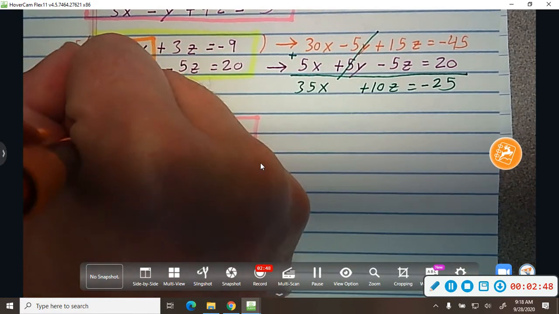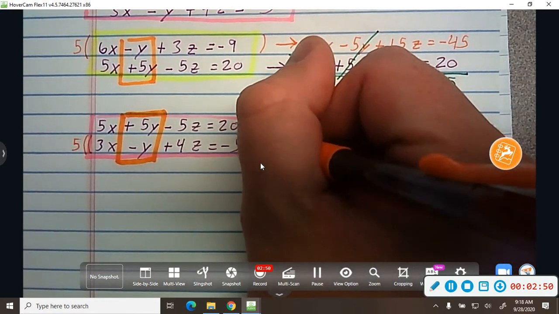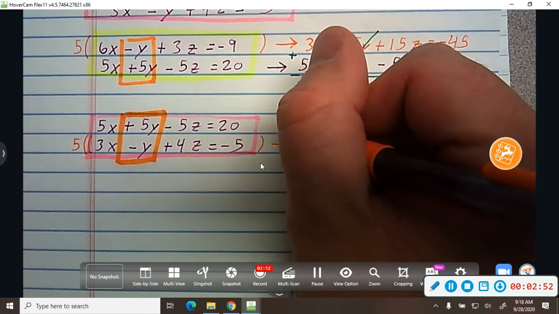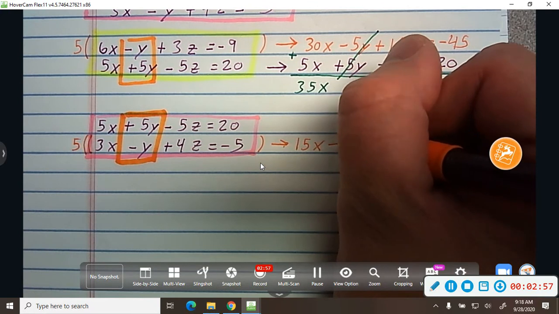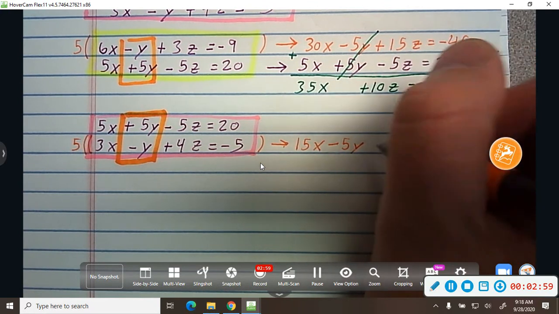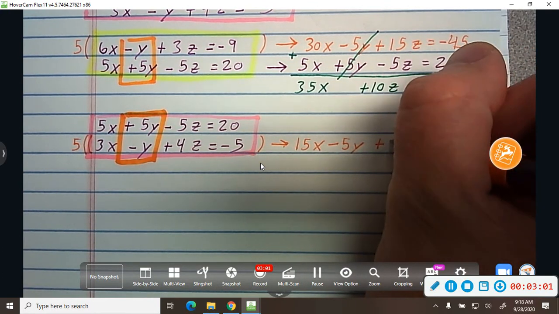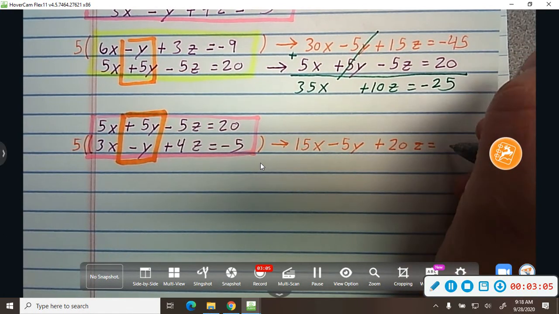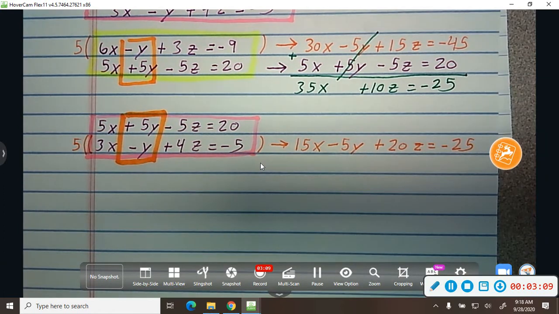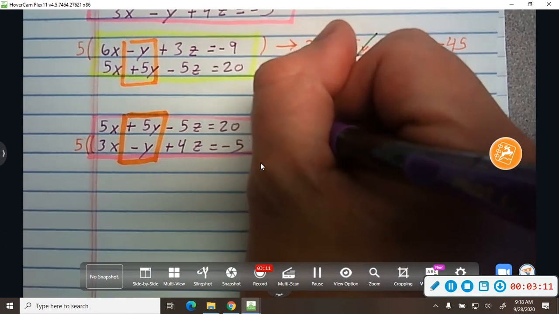I'll put my parenthesis there. And I get 15x minus 5y plus 20z equals negative 25. And then the other one is good the way it is.